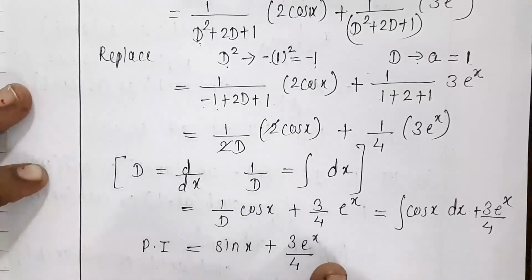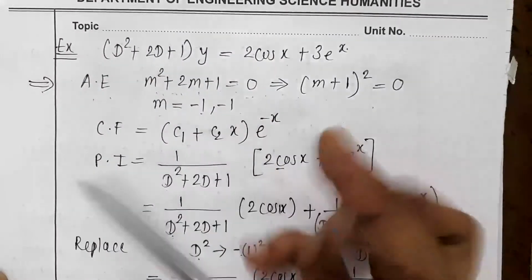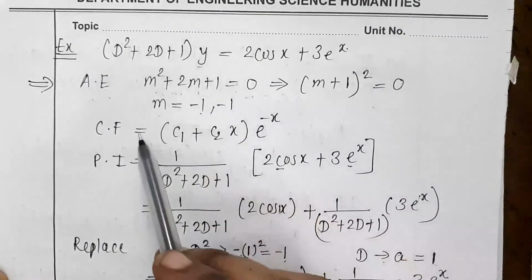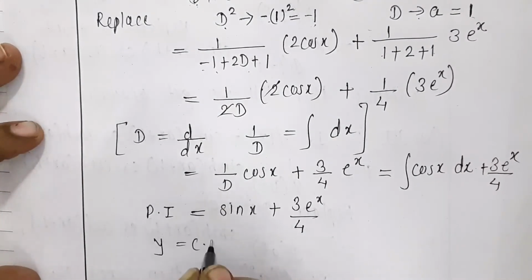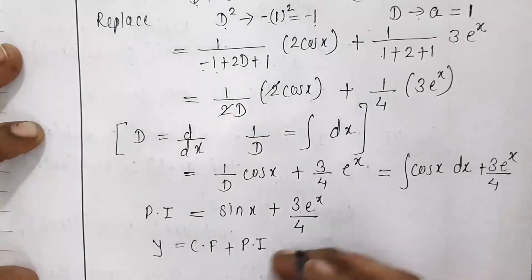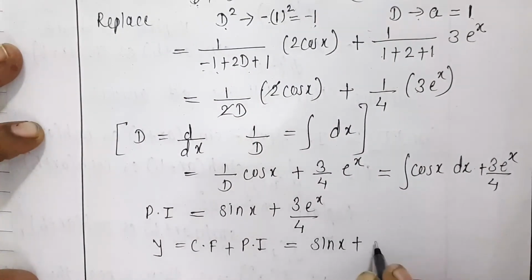Now if the right hand side is present, the general solution is y equal to, the dependent variable here is y, equal to CF plus PI. You can call it yc plus yp also, which is equal to sin x plus 3 e to the power x by 4.